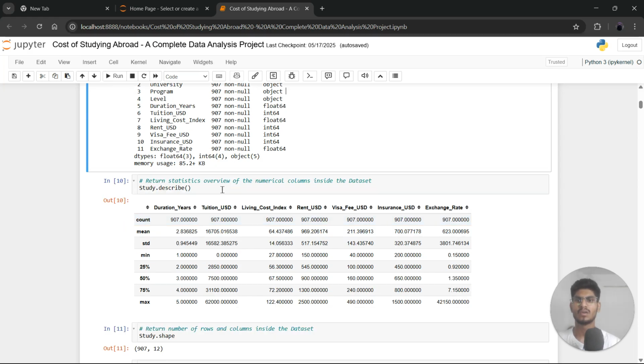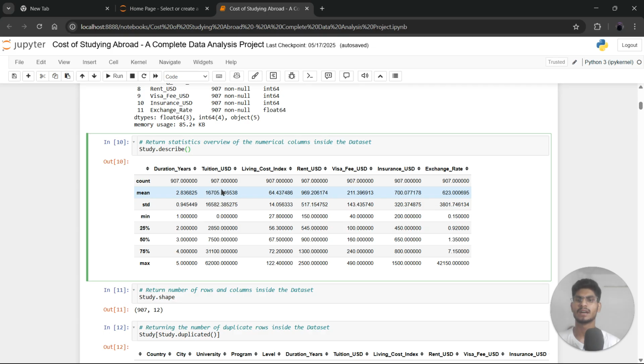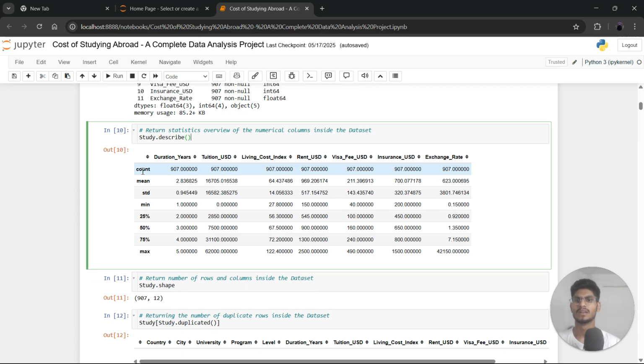Now we are going to get the statistical overview of our data by using the describe function. Describe will give us the statistical overview of our data. It has already given the count, the number of rows by column, the mean value, standard deviation, minimum, 25 percentile, 50 percentile, 75 percentile, and the maximum value per column.